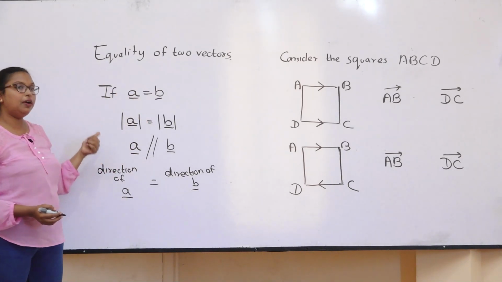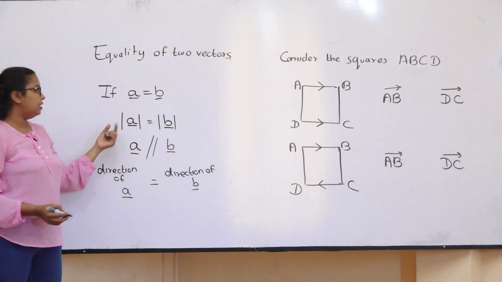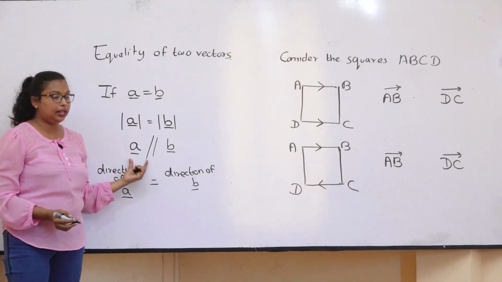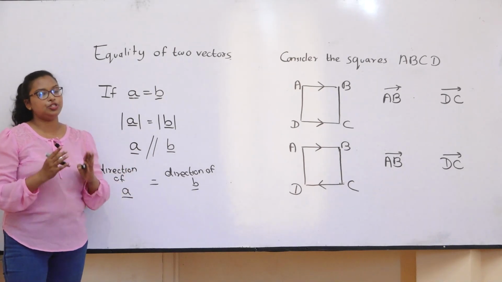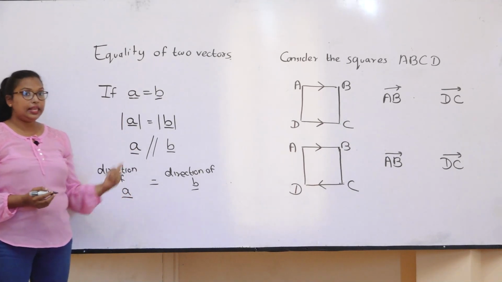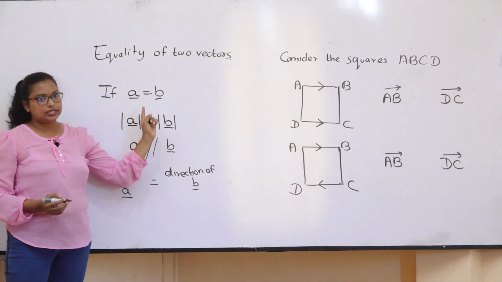We have to satisfy all these three conditions. Magnitude should be equal and the vectors should be parallel as well as their directions also should be the same. If we satisfy all these three conditions, then we can tell that the two vectors are equal.